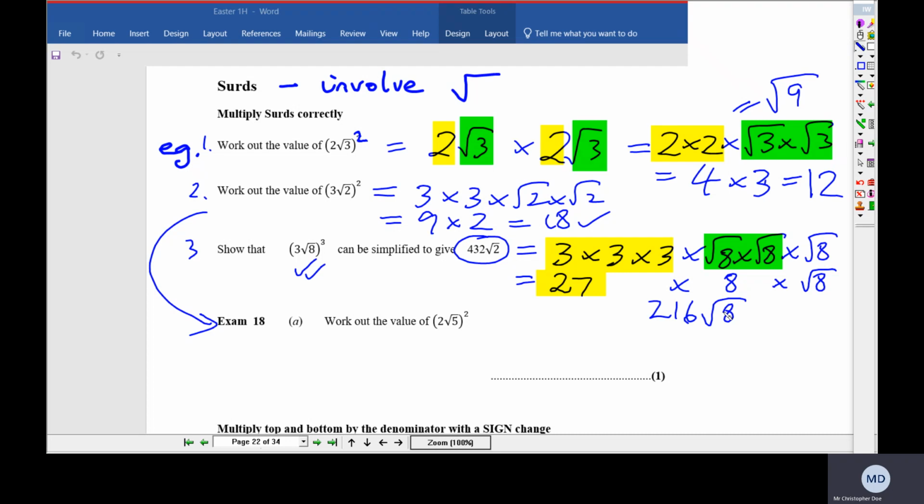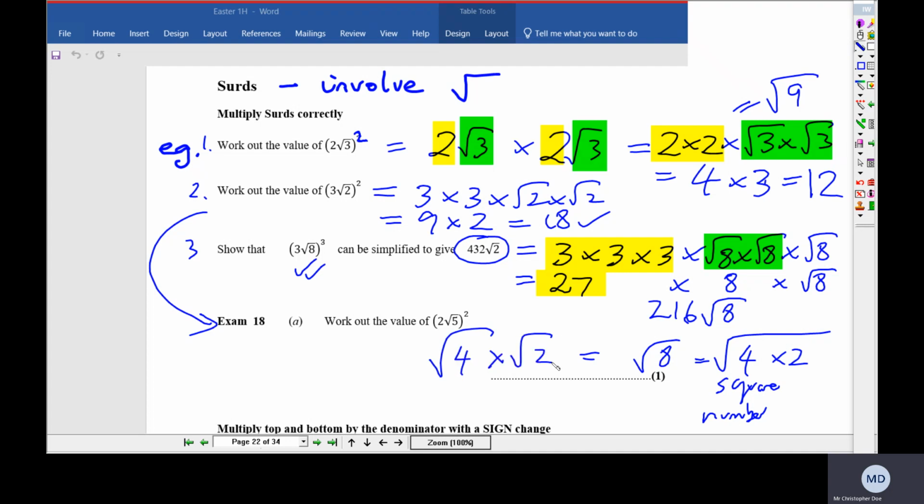Okay, now root 8, if it had said root 8 there, then it would have said this, 216 root 8. But root 8 can be simplified further. How do you break down root 8? Now this bit is the bit you might have forgotten. If you can think of a square number that multiplies by something, that one needs to be a square number. 4 times 2 equals root 4 times root 2.